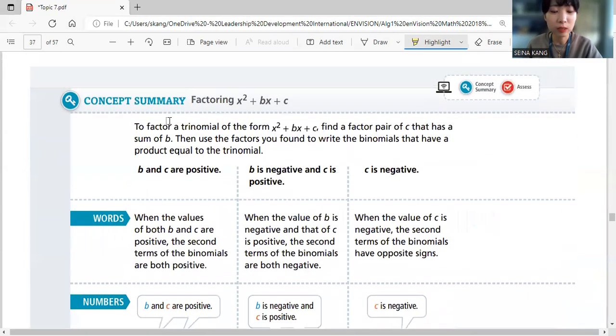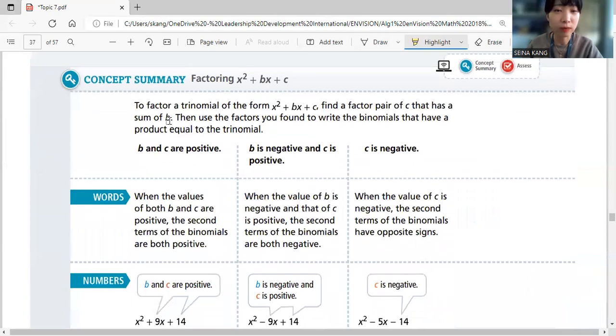So factoring the polynomial in the form of x squared plus bx plus c. Remember, your x is a variable. B and c are constants, their numbers, okay? To factor it, you find a factor pair of C that has a sum of B. And then you can use that to write the binomial with p and q as your second terms in the binomials, right?